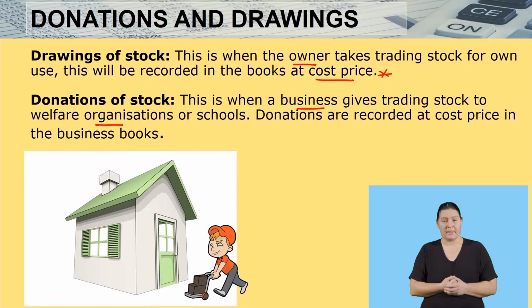And remember, donations are recorded at cost price in the books of the business. So we might be given the selling price of the donations or the drawings, but we are supposed to record the cost price. How do we record then these transactions in the general journal?